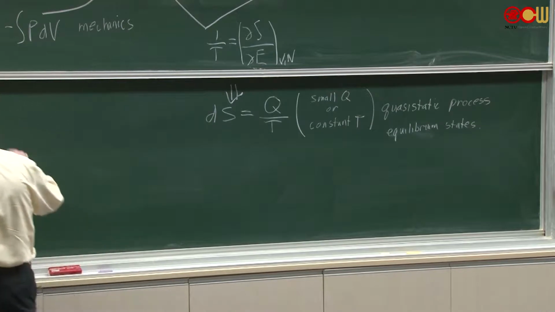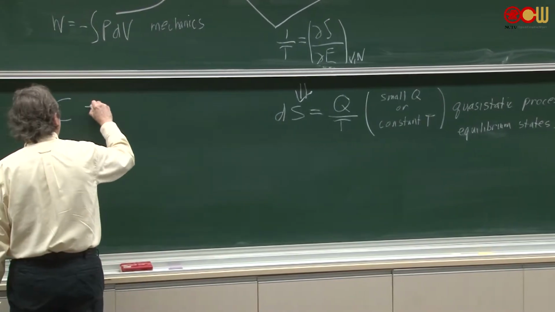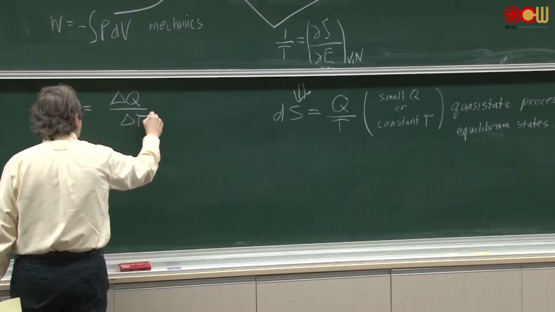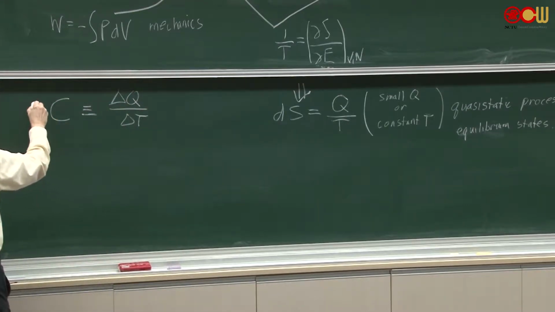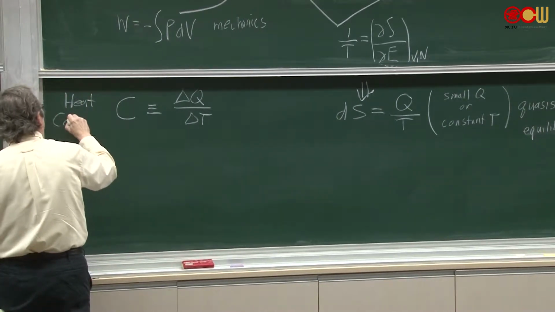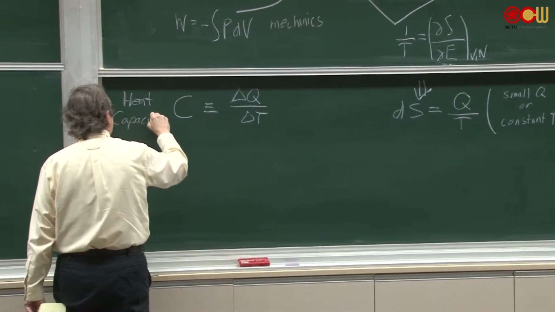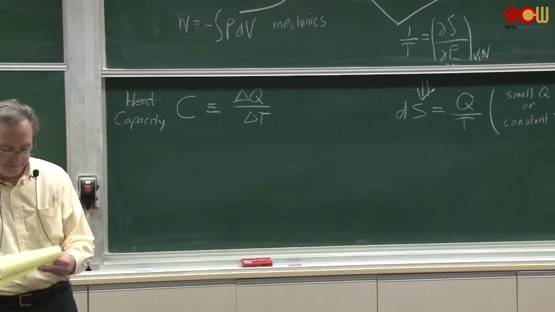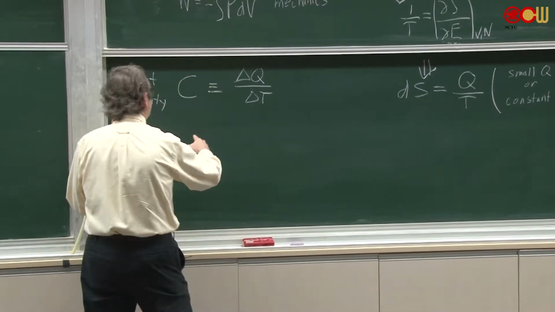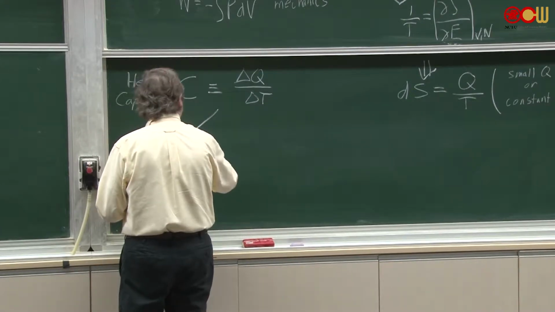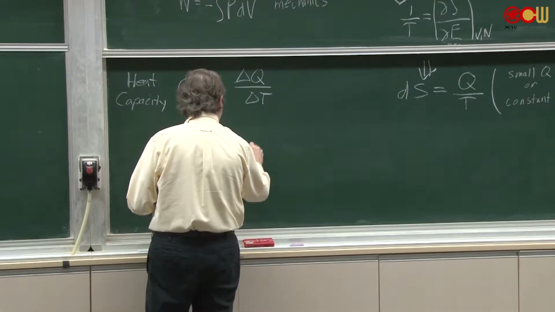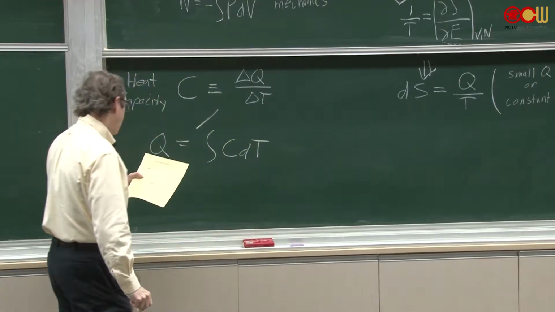Now we have a definition that the heat capacity is delta Q over delta T, and I put a third line there for definition, and this is heat capacity. We have that. All right? And from this, we can get a few results. We can integrate to get the energy due to heating or cooling is the integral of C dT, like that.